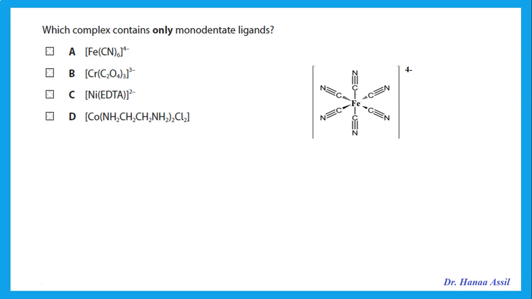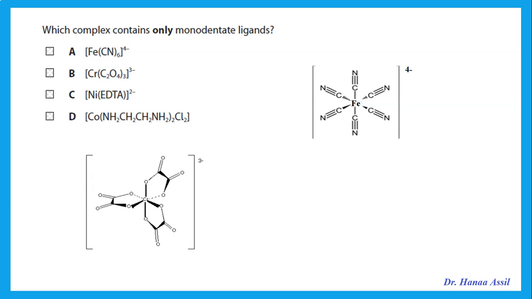Cyanide is a monodentate because the cyanide group, C triple bond N with a negative charge on it, forms one dative bond to the central atom. So this is actually the one that can form only monodentate. This is the only monodentate ligand.